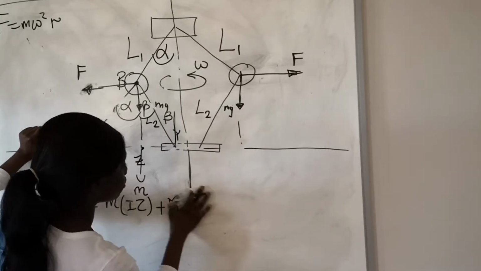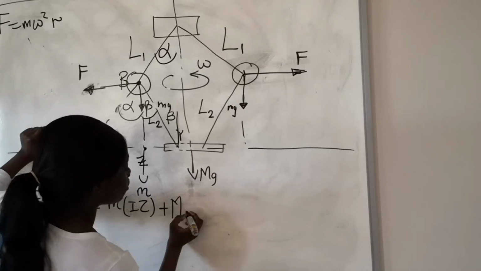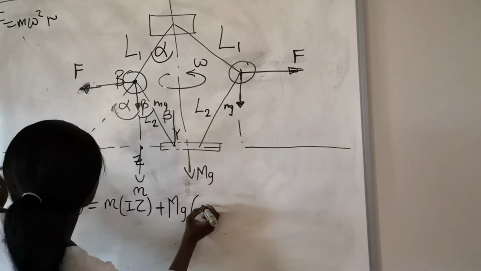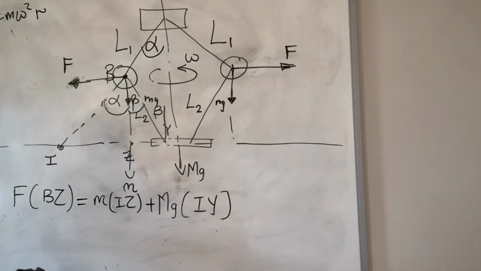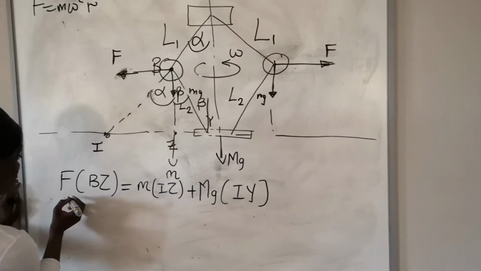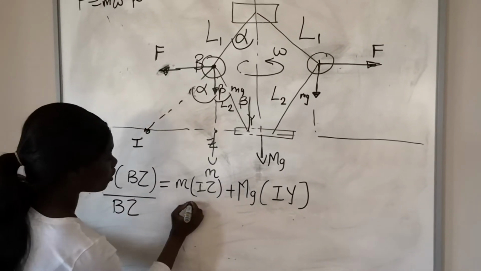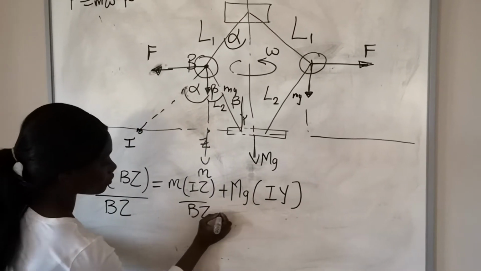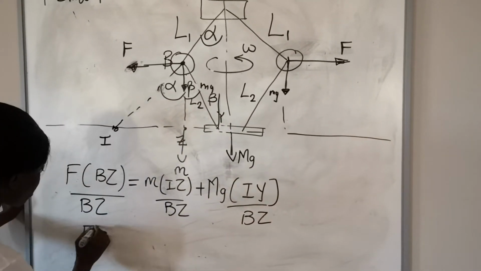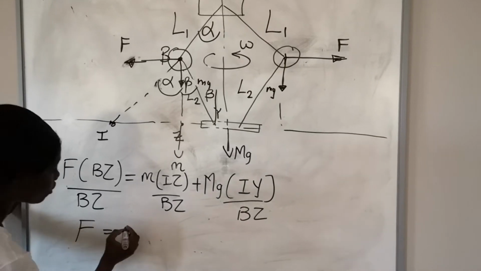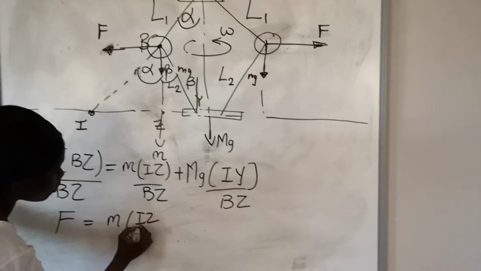Yeah, that's fine. So this will be multiplied by I. Right? I decided to divide everything by BZ. Then my F, my centrifugal force, will be equal to RZ.